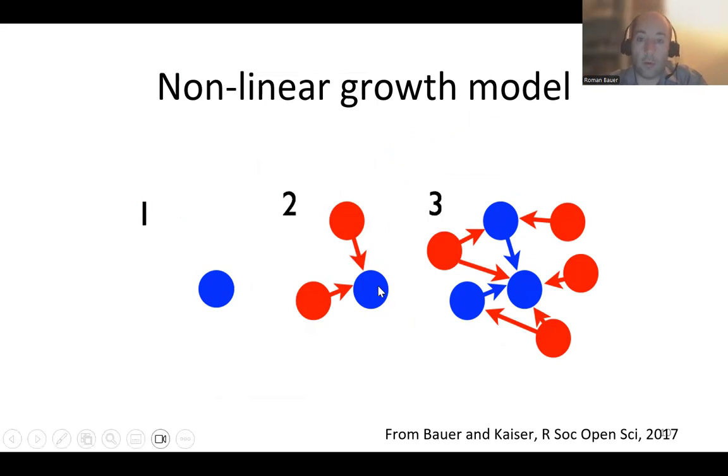And in contrast to many other models, here the number of nodes that are added to the network during growth is not linearly increasing. So it's not like we add a new node at each time step, so 1, 2, 3, 4, but it's actually non-linearly increasing. And that's why it's called the nonlinear growth model, because you have an exponential curve here.